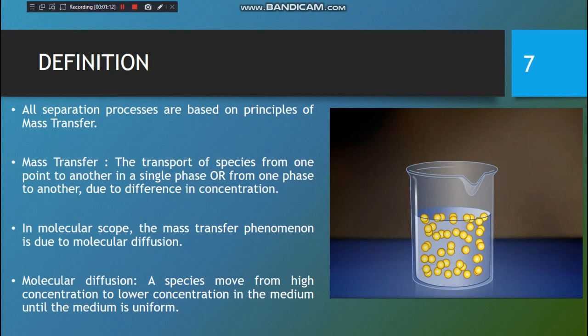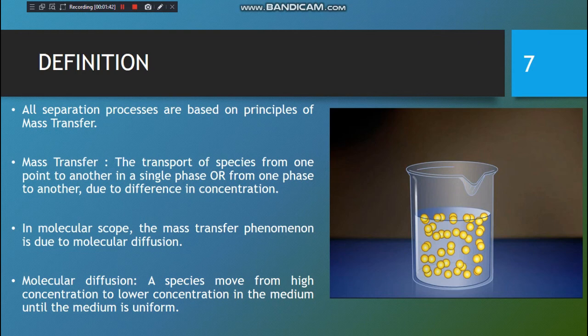This mass transfer principle is related to Fick's law theory, which follows the rules of a random walk process, where the molecules start to vibrate to increase their kinetic energy and bounce off each other, and then move from one point to another, from high resistance to low resistance.